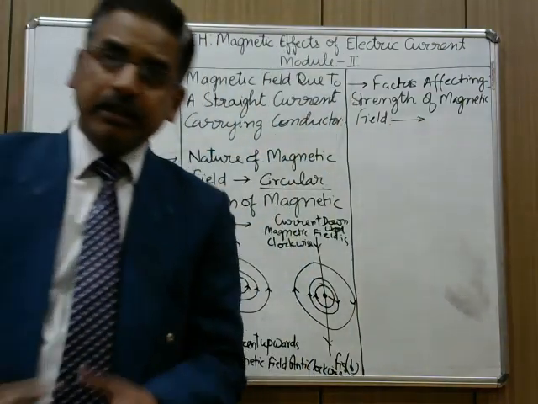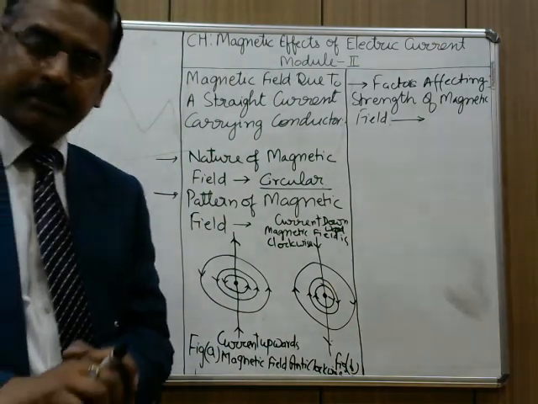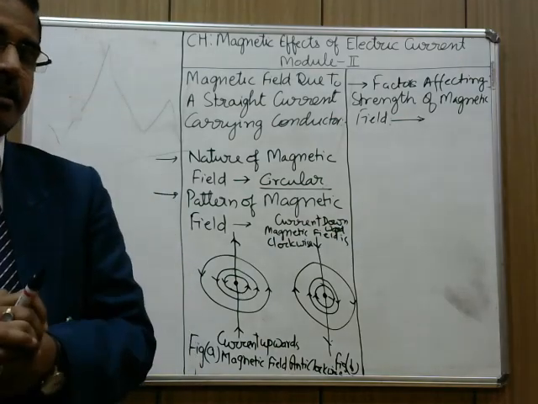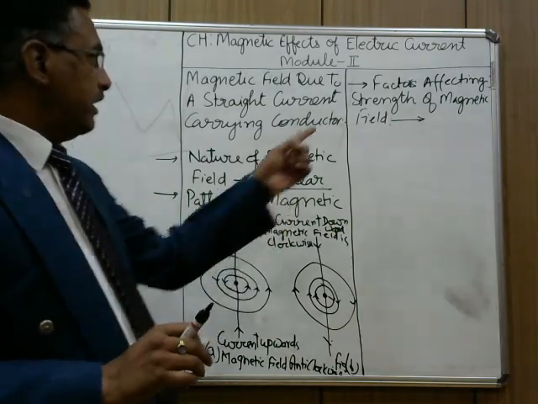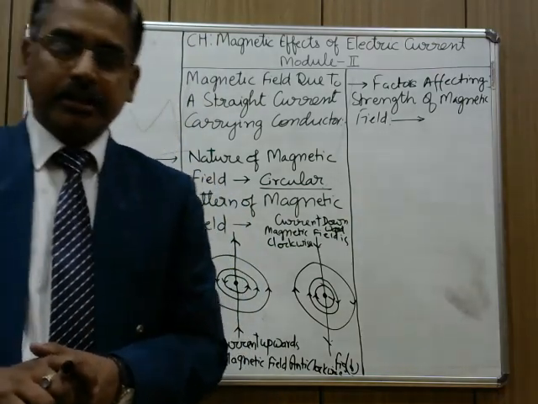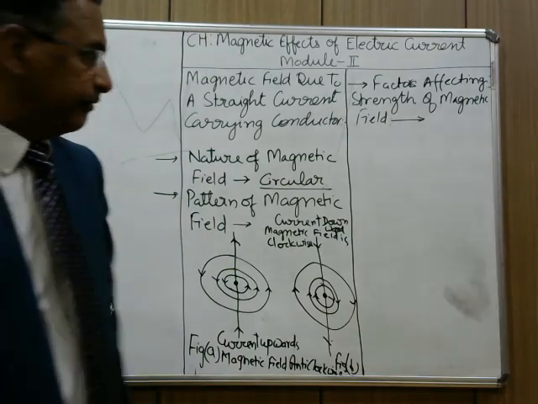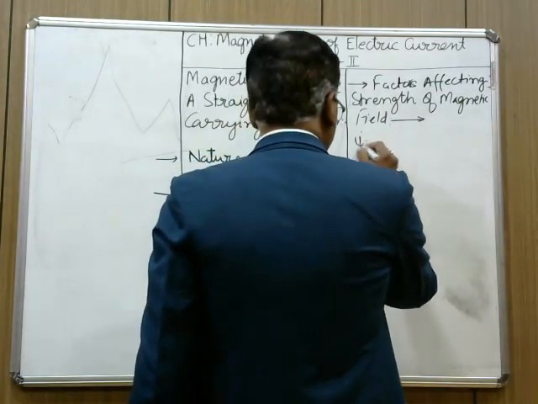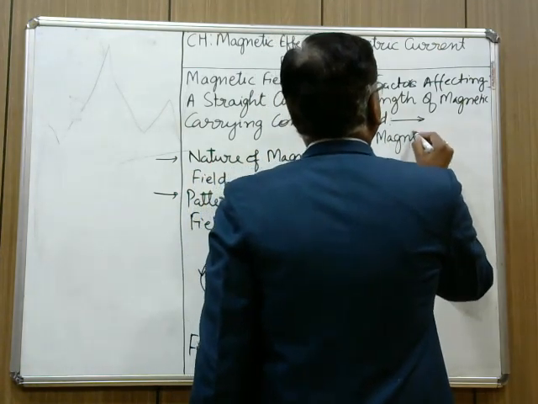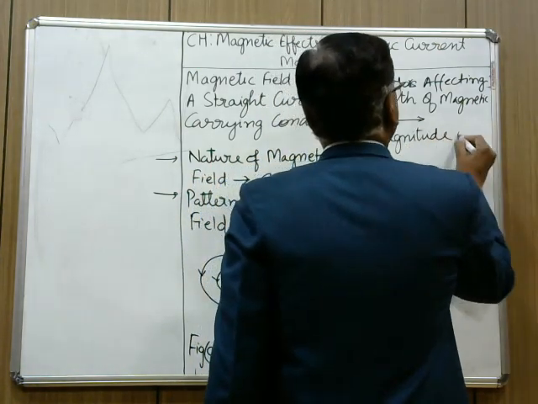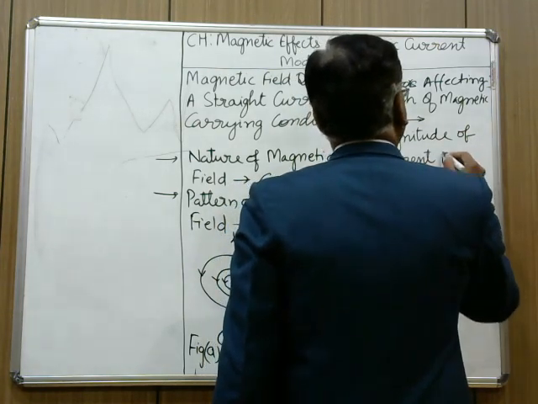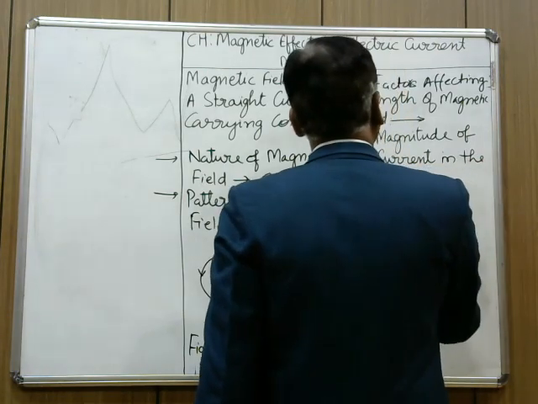Now, the strength of magnetic field produced by a straight current carrying conductor. I am talking about only straight current carrying conductor today. The strength of magnetic field produced by a straight current carrying conductor depends upon two factors. What are the two factors? One, magnitude of current in the conductor.